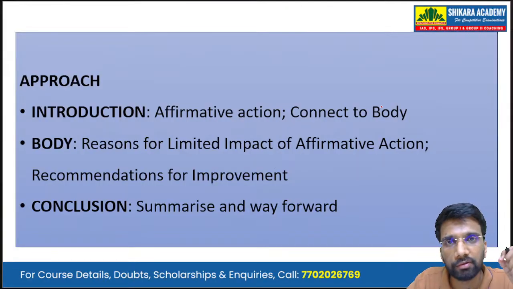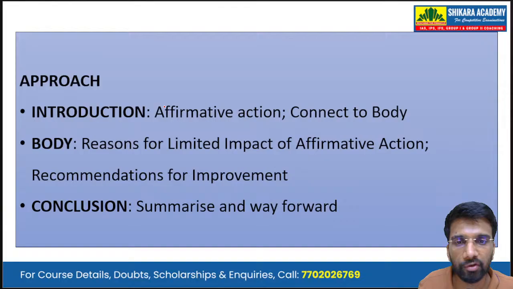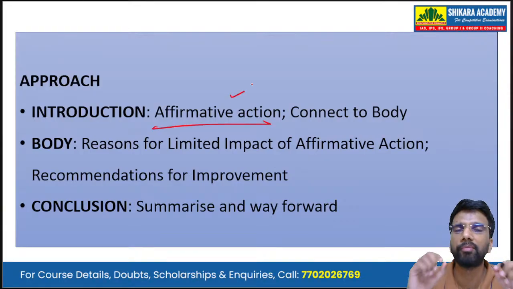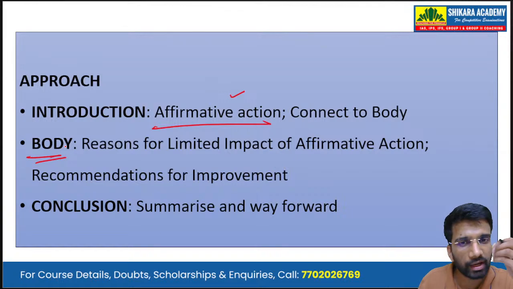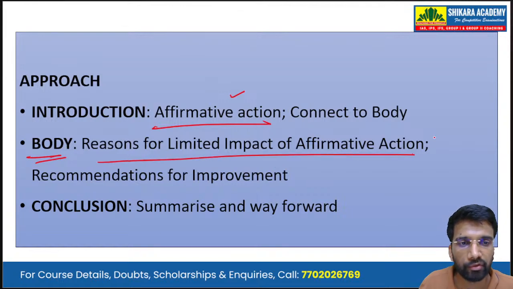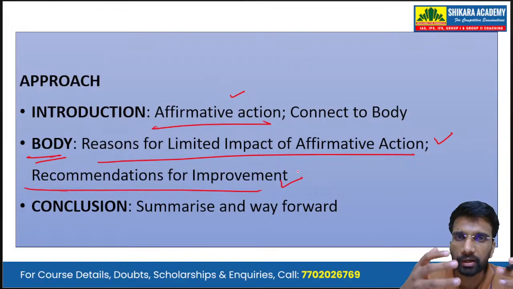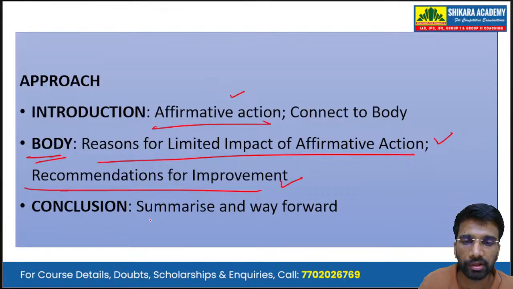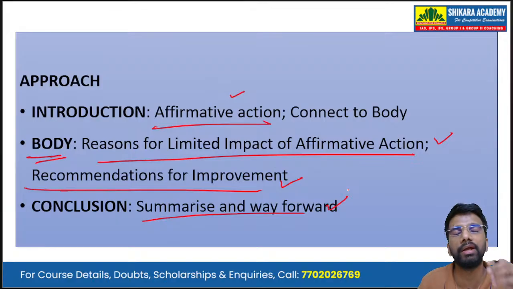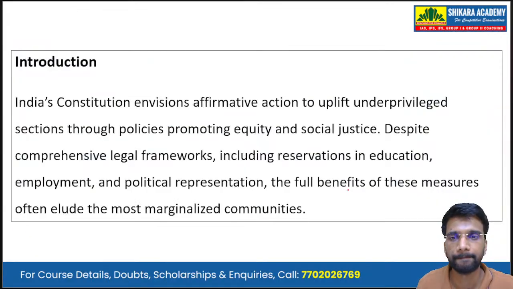So the approach that we'll be taking: in the introduction, we will be writing about affirmative action as envisaged in the constitution. Then with a connecting line, we will connect the introduction and the body. Then in the body, we write about the reasons for the limited impact of affirmative action and recommendations for improvement, because we have to comment. That is, we have to provide the reasons as well as give the recommendations. Then in the conclusion, we will be summarizing the answer and writing a way forward.